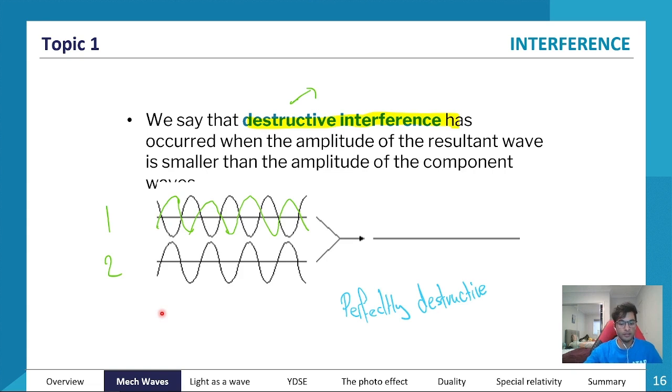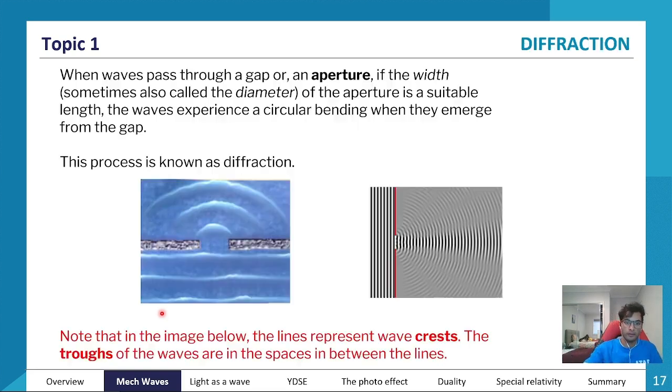And if that's the case, destructive interference would be the opposite. So destructive meaning you're destroying something, and so in that case, you're destroying the wave, you're making it smaller. And yeah, so hopefully with that, you won't get confused between the two. Cool.